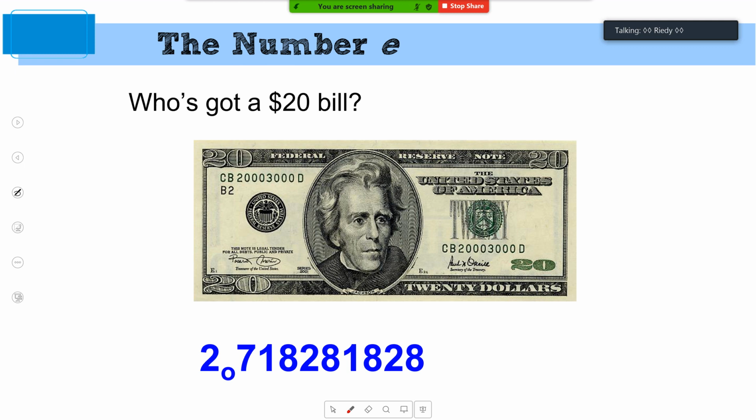And then we do some origami. If you guys at home could see this, you'd be amazed at my geometry or origami skills. We fold this $20 bill. Come on.